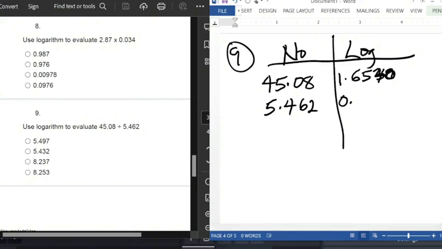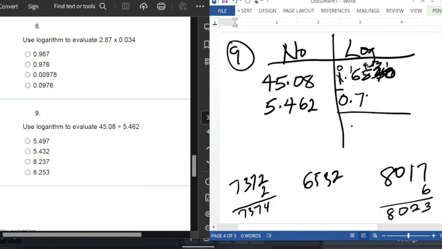So the next one, which is log 5.462, gives us 7374. So let's now do this subtraction. This is going to give us 6, right?